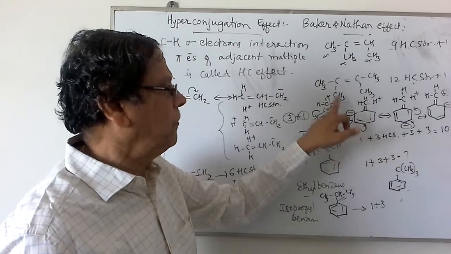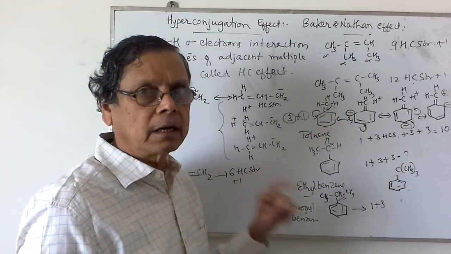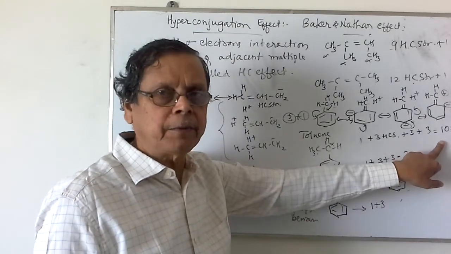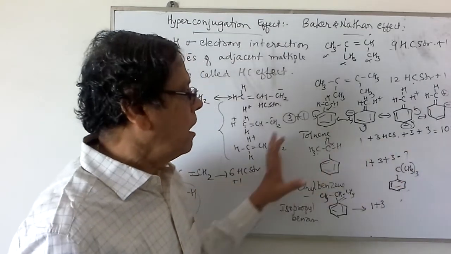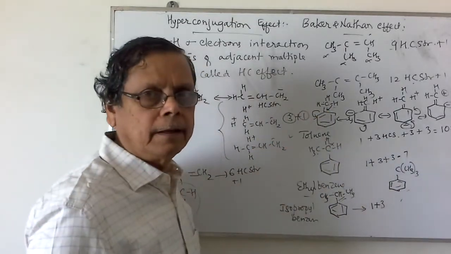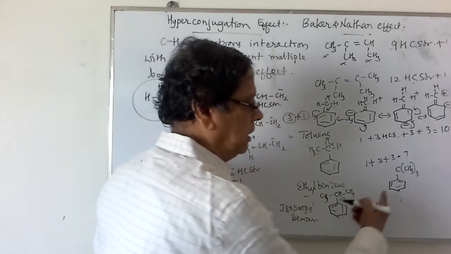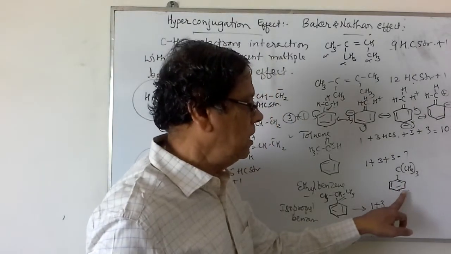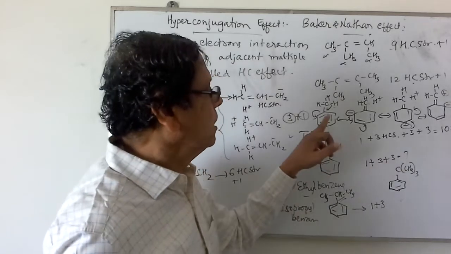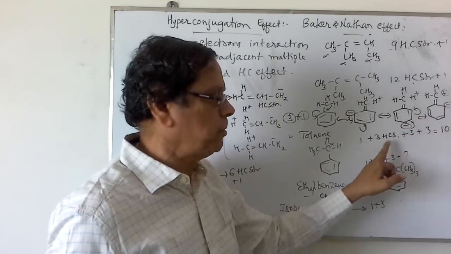So depending on the number of alpha carbon hydrogen sigma electrons, we have so many types of hyperconjugation structures. That's why among these, the most reactive is toluene, next ethyl benzene, next isopropyl benzene, next least reactive towards the substitution in the benzene ring is this tertiary butyl benzene, because due to the hyperconjugation structures, the negative charge increases in the ortho and para positions.